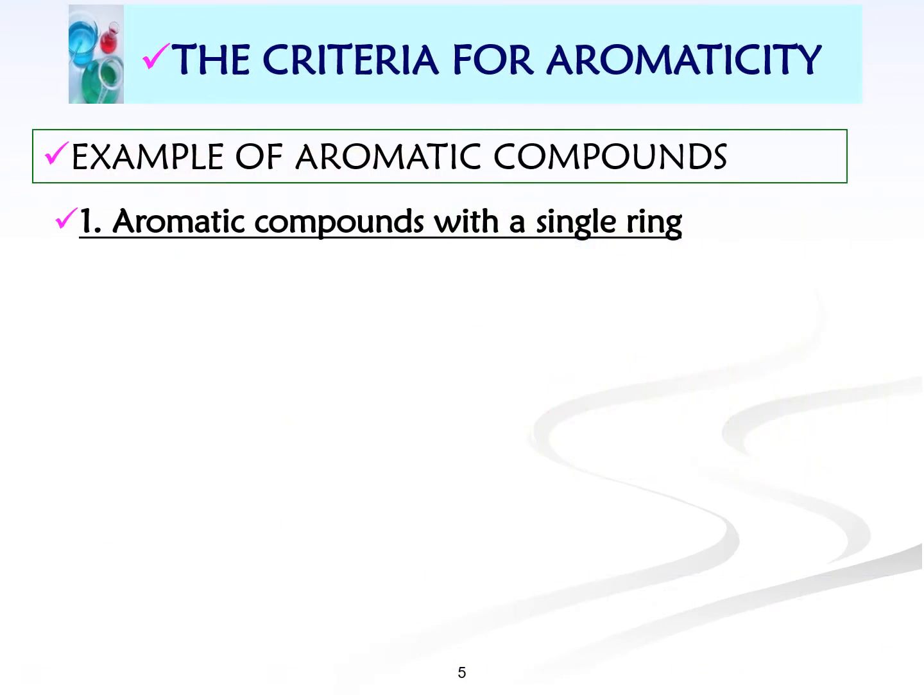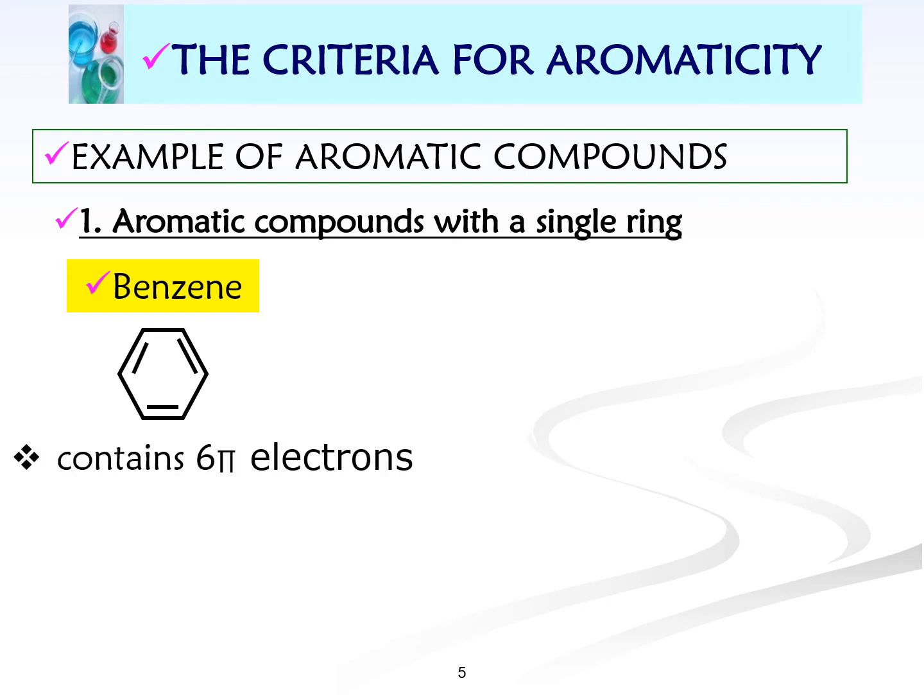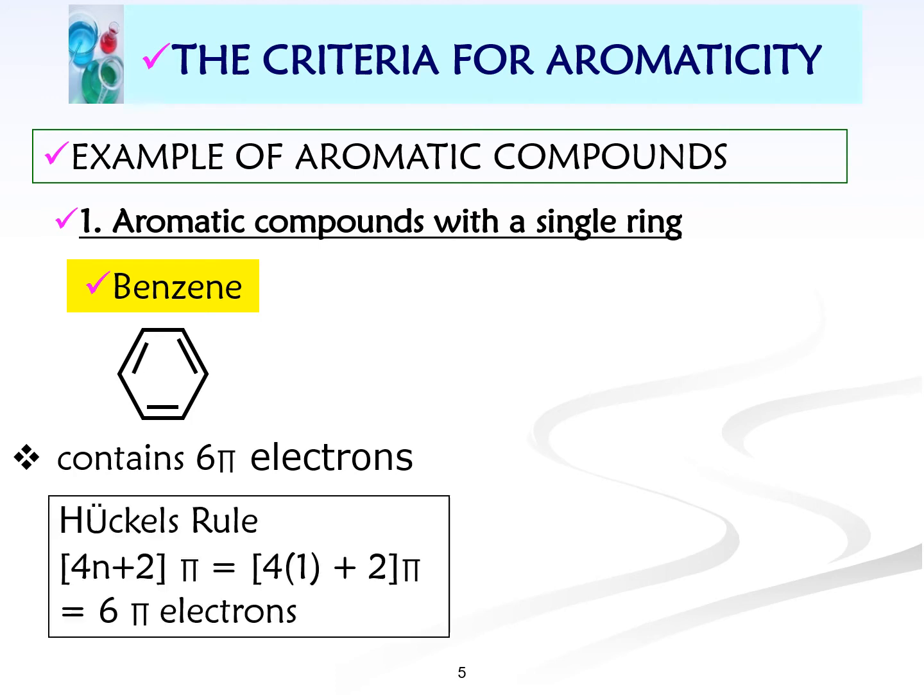For example, an aromatic compound with a single ring: benzene. To apply Huckel's rule, first count the number of pi electrons in the molecule. In benzene, there are 6 pi electrons. Then set this number equal to 4n plus 2 and solve for n.